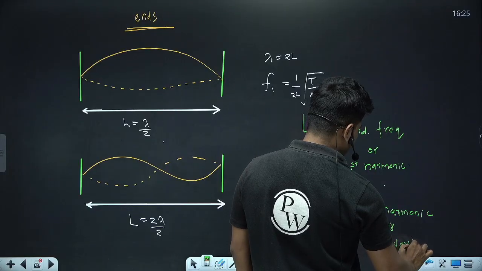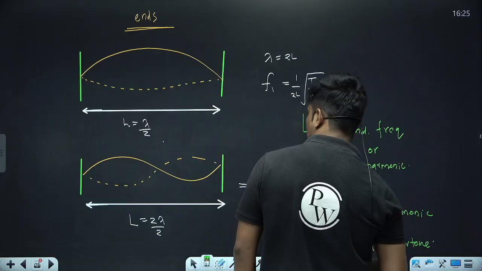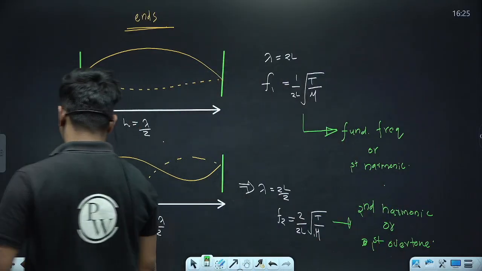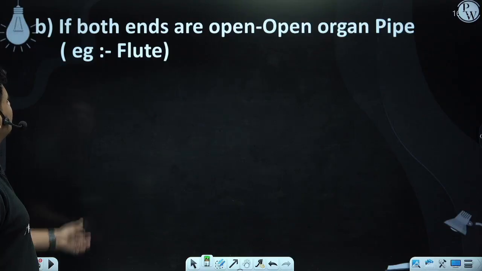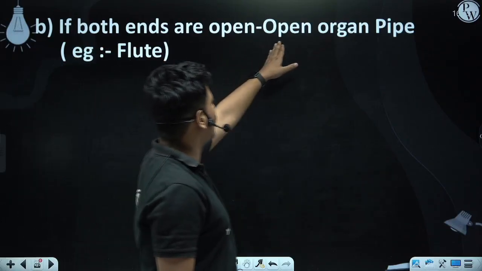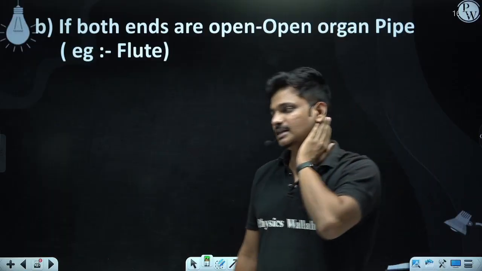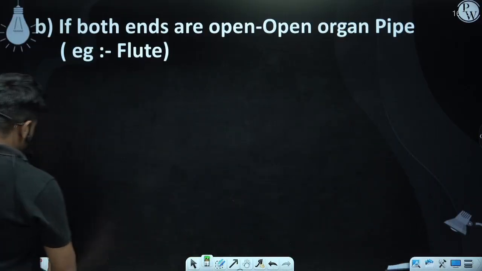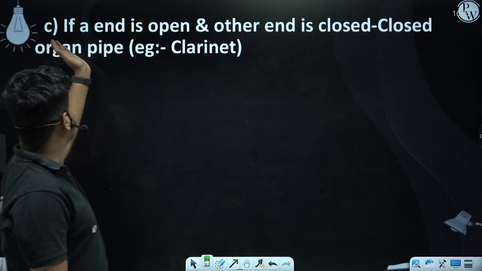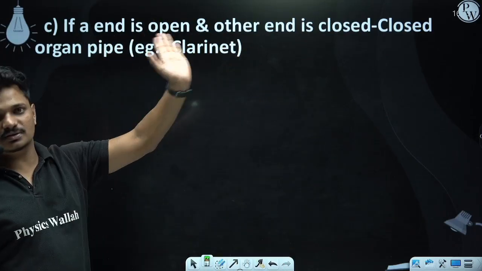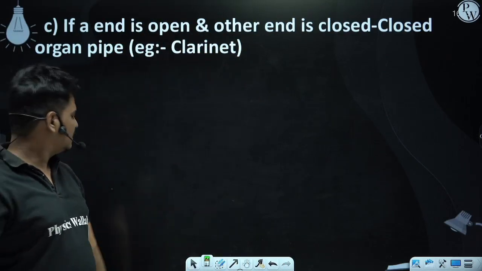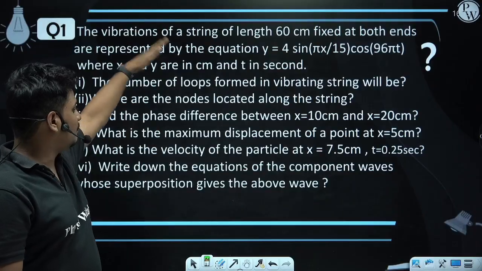Okay, like that, this is one situation: if both ends are open, as in the open organ pipe. Then the third case is if one end is open and the other end is closed. This is another, third case. Then we can go to the problem section.